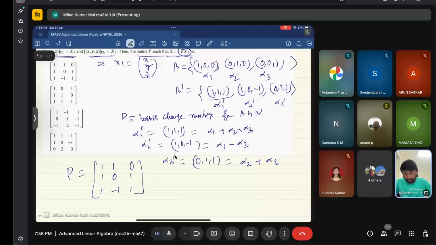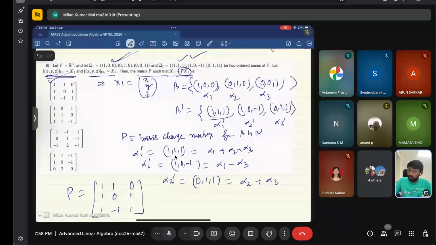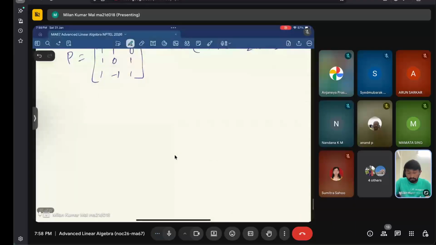This is very easy actually. The matrix with columns (1, 1, 1), (1, 0, -1), (0, 1, 1) is the first option, the correct option. And as I have said, there is a theorem which proves that this is unique. So that's why the other options are not correct, because here it is asking for the basis change matrix.